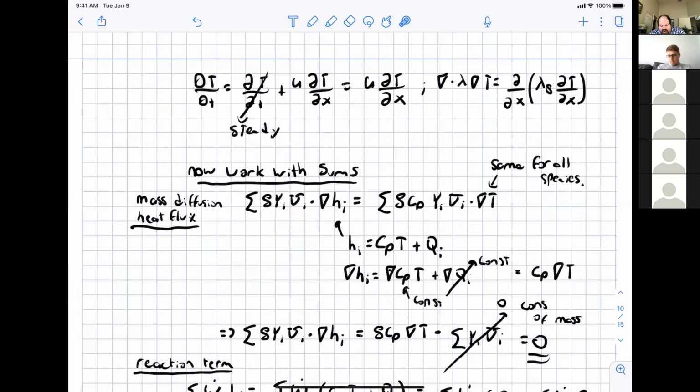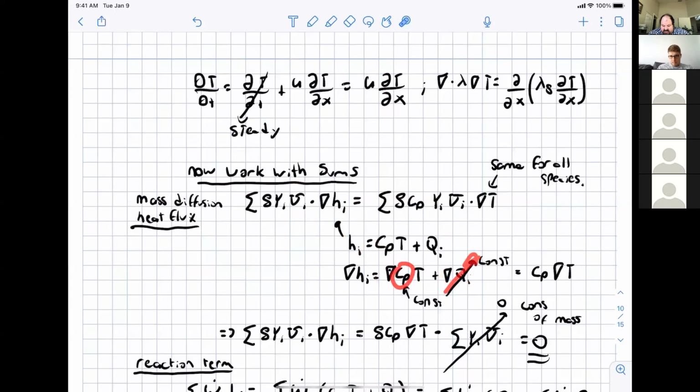So we can take the gradient of this. We have the gradient of Cp T plus the gradient of the species enthalpy of formation. Well, the enthalpy of formation is just a constant, and the gradient of a constant is 0.